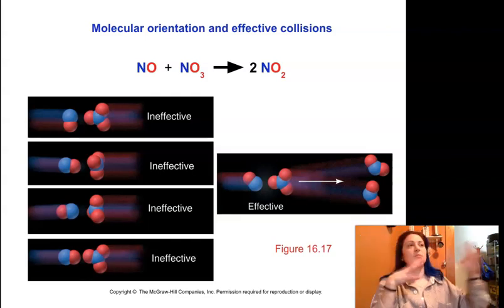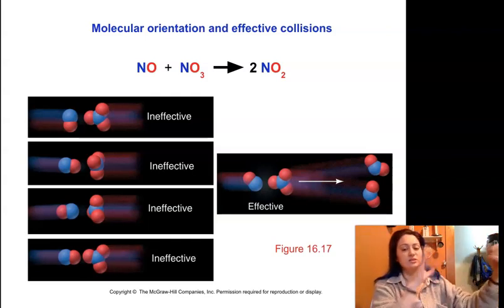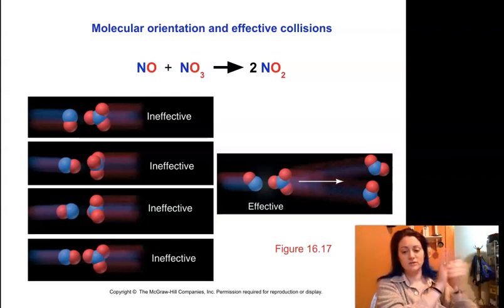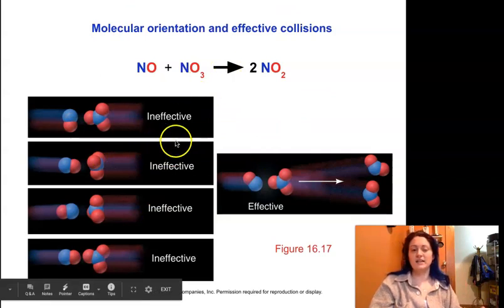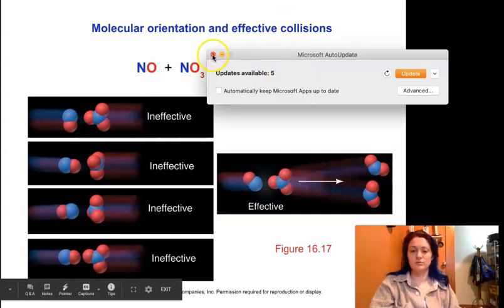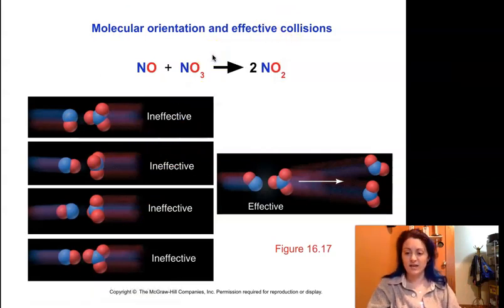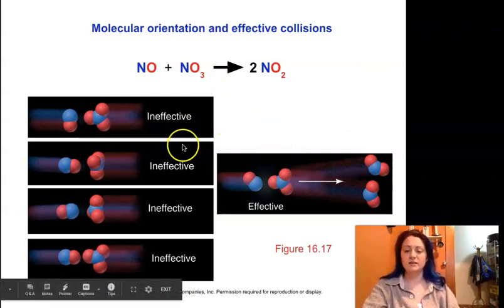So the probability that you're going to have direct contact with proper orientation is low. And what we're saying is that if these particles collide ineffectively, in any other way, you won't have a reaction. Basically, these things are going to bounce right off each other and remain as reactants. Only when you have them hitting in the proper orientation can a reaction proceed.